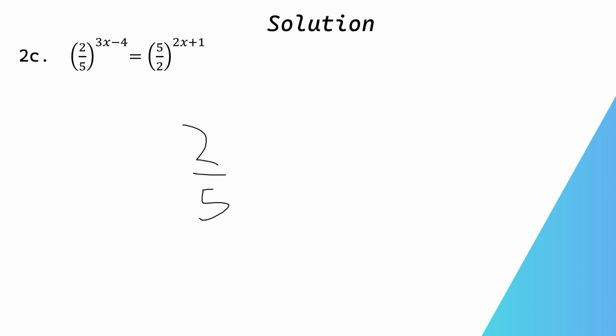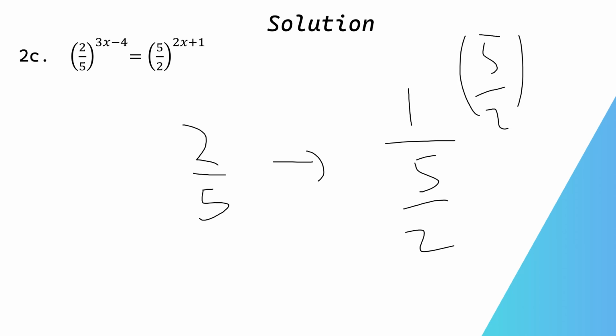What is that relationship? Realize that 2/5 equals 1 over 5/2. So don't you think if we raise 5/2 to the exponent −1, we'll get 2/5? And we'll have an equal base. So let's try that and see.